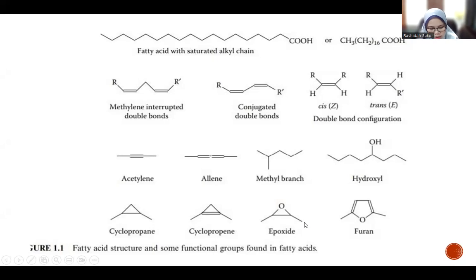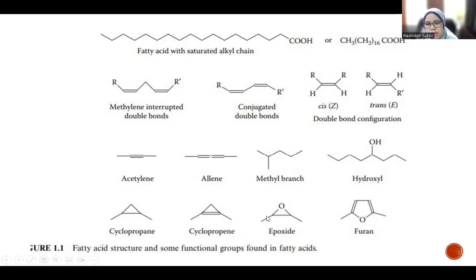Epoxide has a triangle with an O. Furan has a pentagon with an O. Both epoxide and furan are considered food safety issues. We don't want this in our food. This has to be monitored.